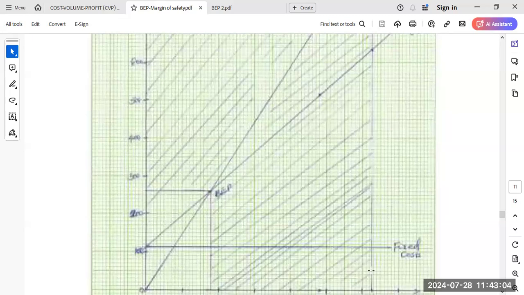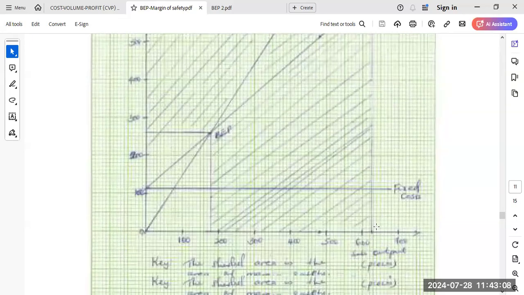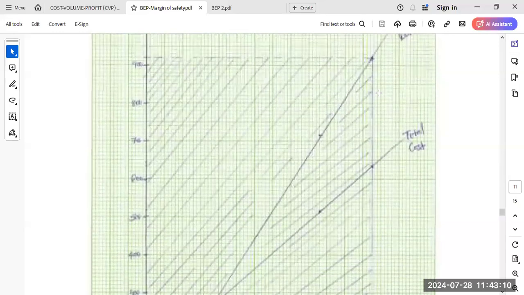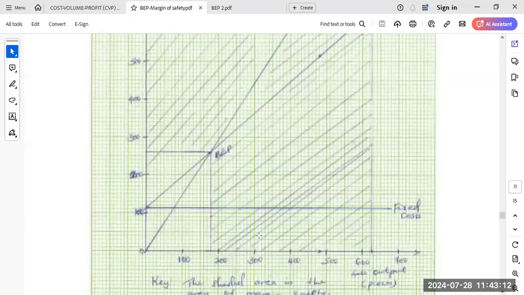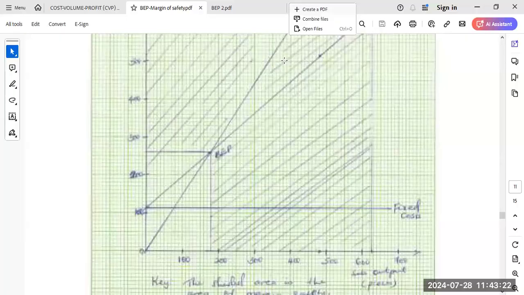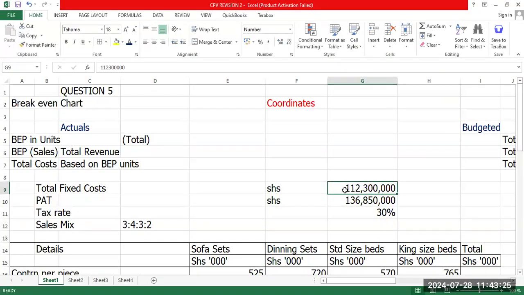Then once I'm done with this vertical line on my budgeted level of output, I also make the fixed cost horizontal line. I go to my workings and ask myself, what is fixed cost? It is approximately 112, because we are keeping millions in brackets.